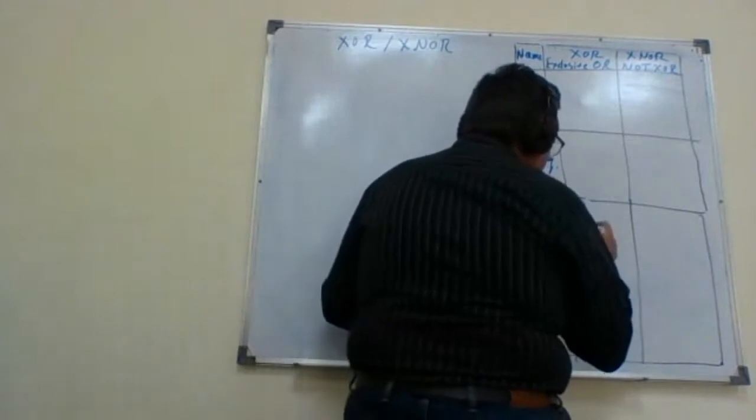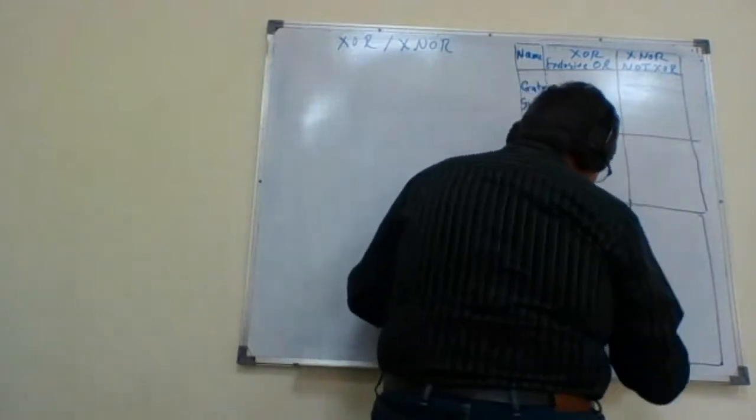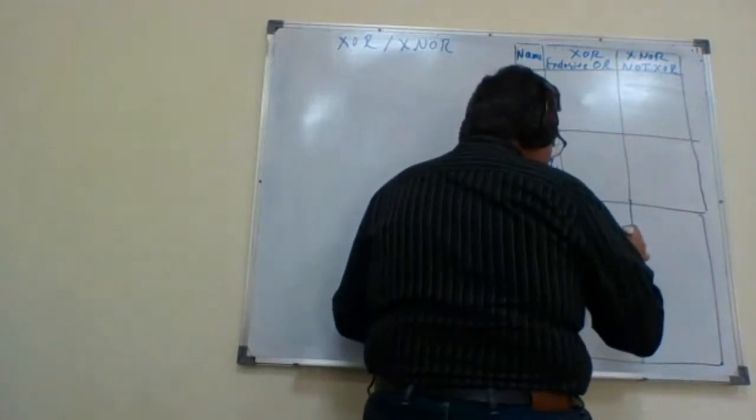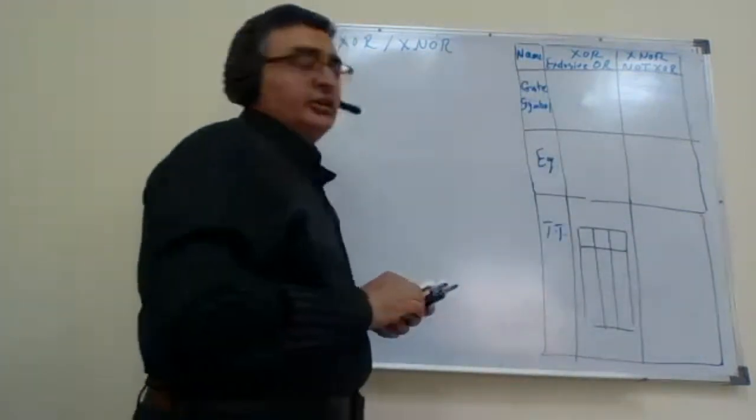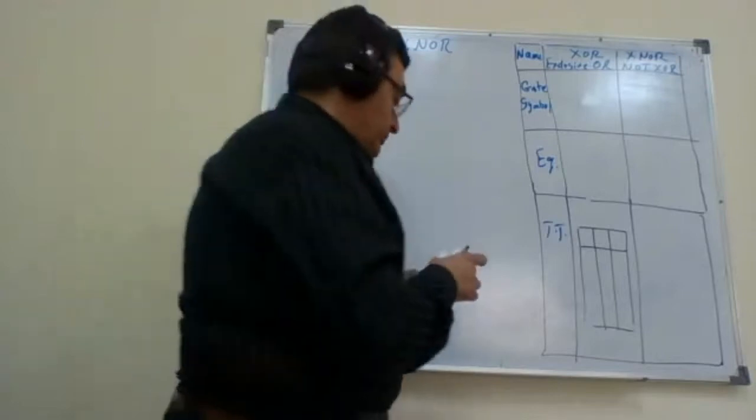Now we will start upside down. We usually put the logic gate symbol first, but we first want to understand what is a XOR.